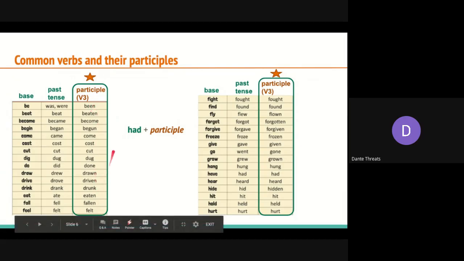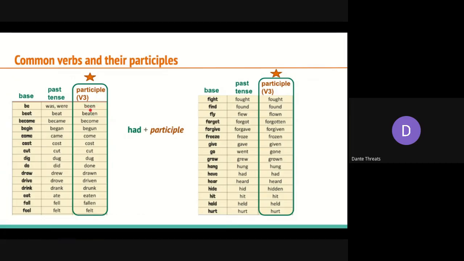Past participle of the base verb be is been. Past participle for beat is beaten. The past participle of become is become. Past participle for come is come.